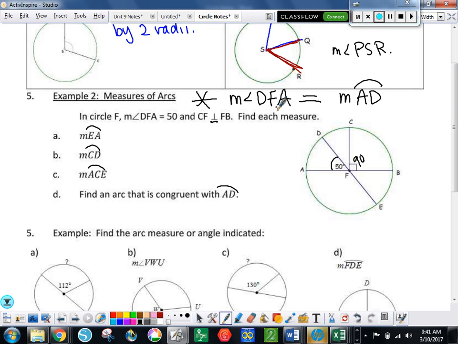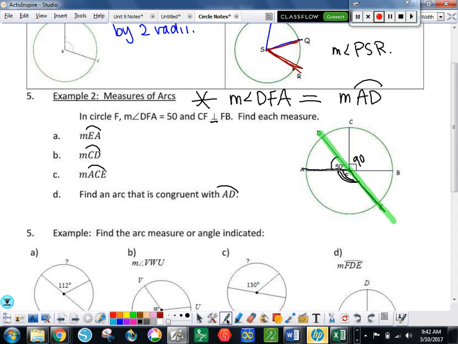So if I wanted to find the measure of EA, EA is right here, right? I would first start by finding the measure of this angle. Any ideas of how we would go about doing that? Zach? Well, that's one line from E to E. That's going straight through the middle, so we know that that's split by 180.